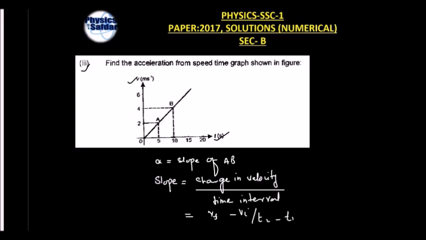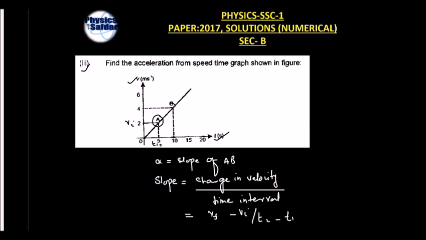Now we mark Vf, Vi, t2 and t1 from the graph. This is point A. The time t1 is equal to 5 seconds and the initial velocity you can take here is 2 meter per second.